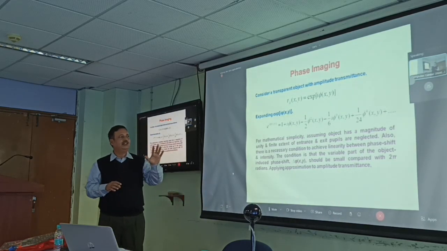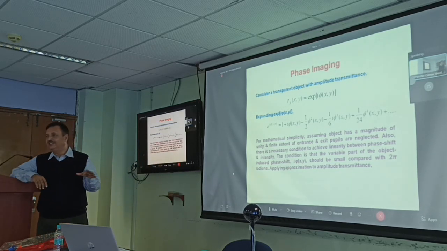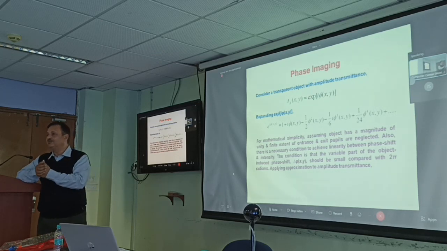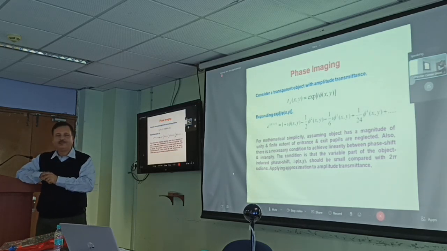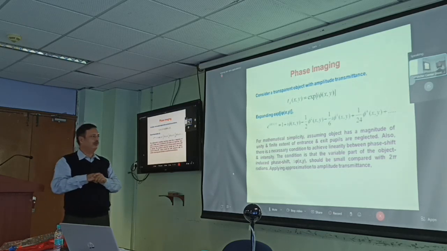For mathematical simplicity, assume the object has a magnitude of unity, so the finite extent of the entrance and exit pupils are neglected. Because those factors, which sir was talking about in Fourier optics, we have omitted here. But you have to consider everything if you are actually working on a problem.